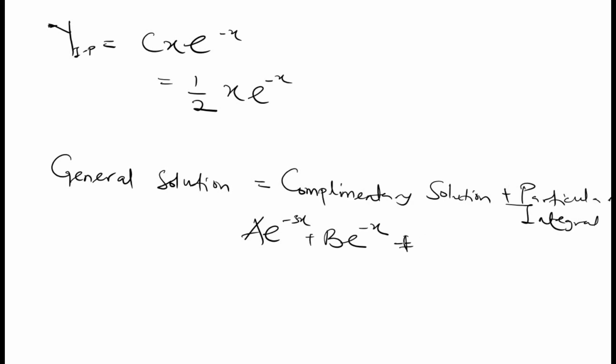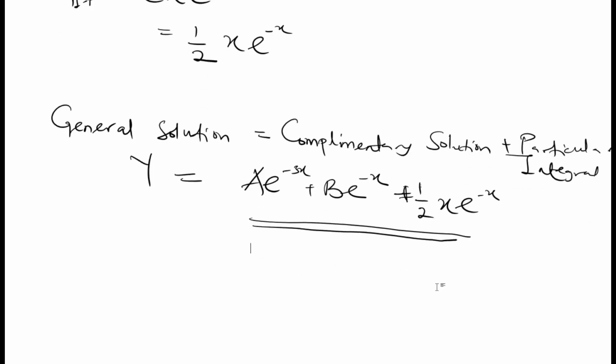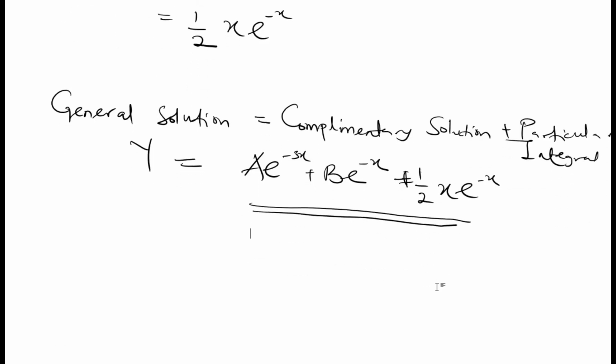I've already gotten my c to be a half, that's 1 over 2x exponential of negative x. This is y general solution. Had it been I'm not given any initial condition or boundary condition, I'll be done here. This is my general solution of my differential equation.